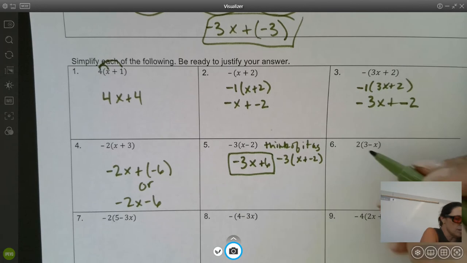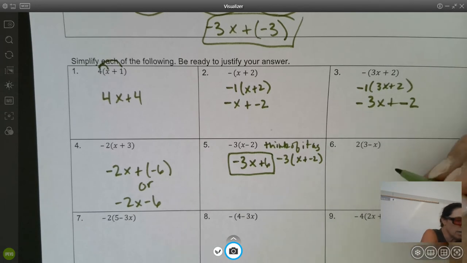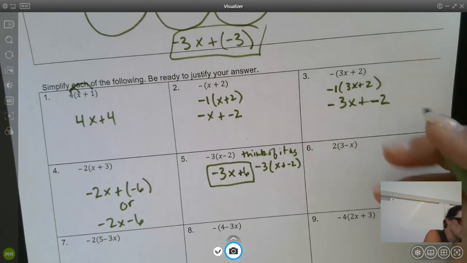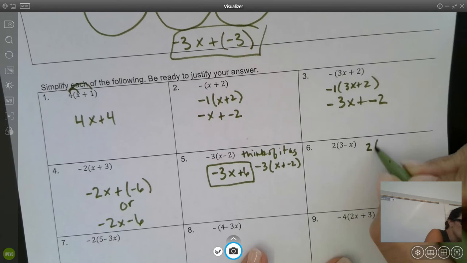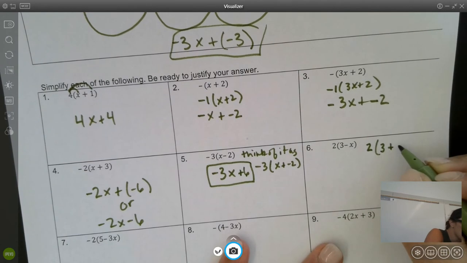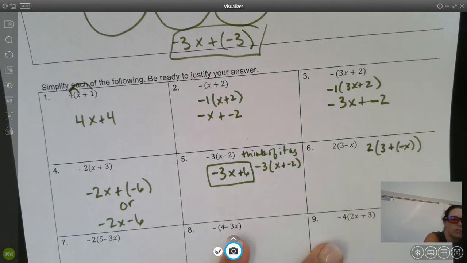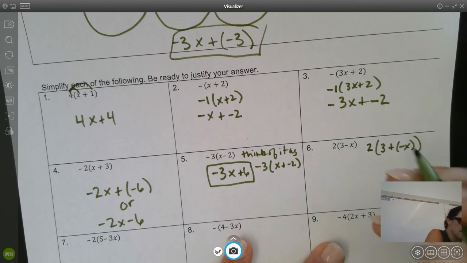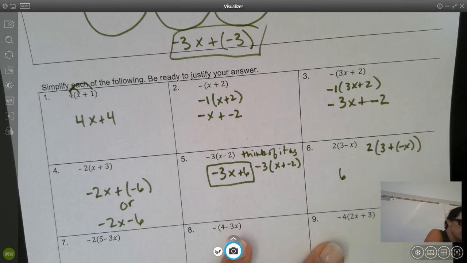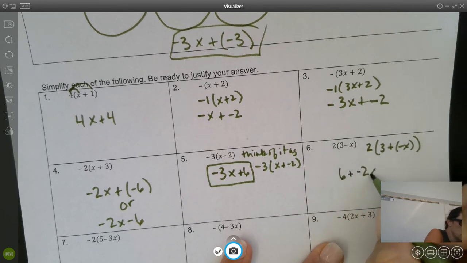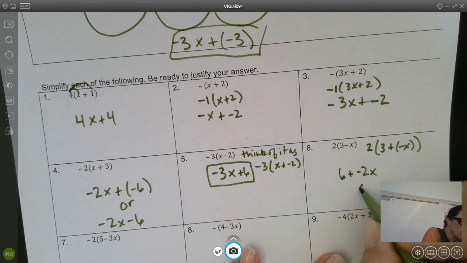All right, this guy's backwards. Okay, you could think of this as 2 groups of 3 plus negative x, if that's helpful. Okay, you would get 6 plus a negative 2x, or 6 minus 2x.